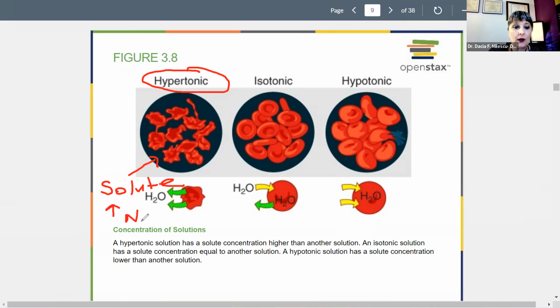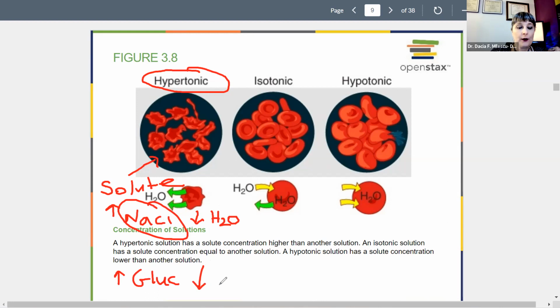It could be salt, sodium chloride, or it could be glucose. We're going to use the example sodium chloride. So a hypertonic solution is a solution that is higher in sodium chloride and lower in water. I can use the same example and say higher glucose and lower water.